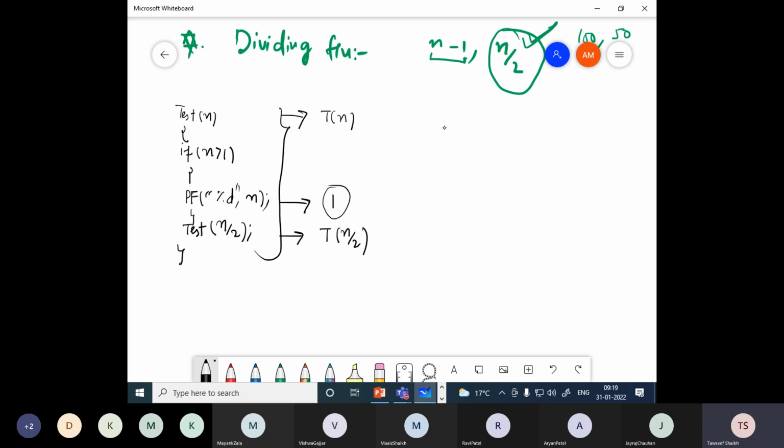Now, to write down the recurrence relation for this program, it is of the form T of n equals two cases again. If n is equal to 1, we take any constant value. And we saw in the decreasing functions that whatever value we take here does not matter.